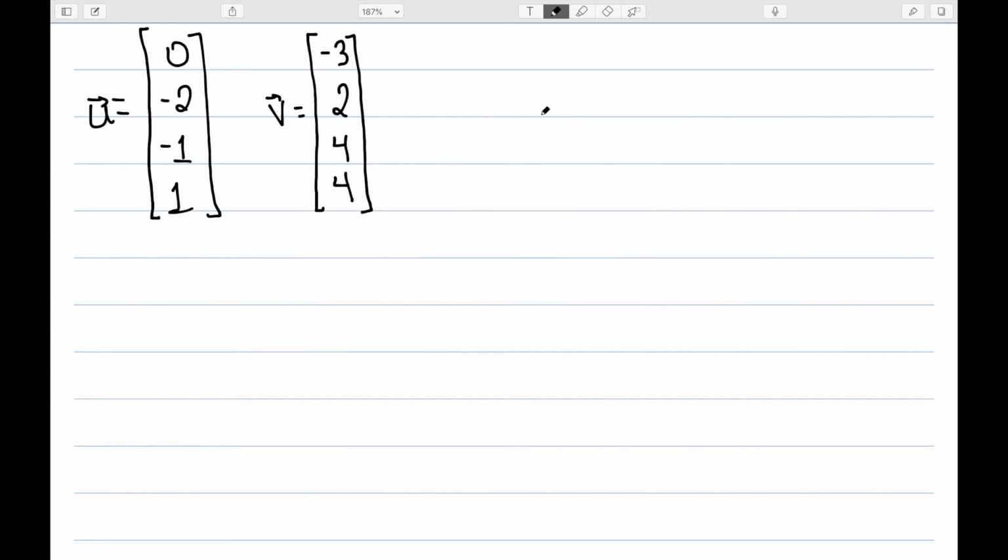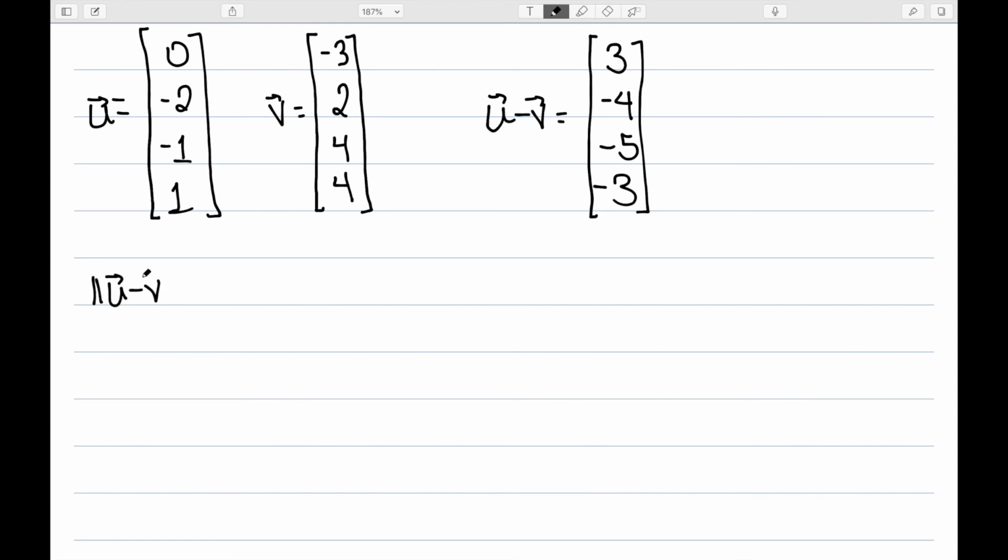Here I have two vectors, and I want to find the distance between them. The first step is to actually find u minus v. We have 0 minus negative 3 is 3. Negative 2 minus 2 is negative 4. Negative 1 minus 4 is negative 5, and 1 minus 4 is negative 3. We then want to find the length of u minus v, so the length of this new vector.